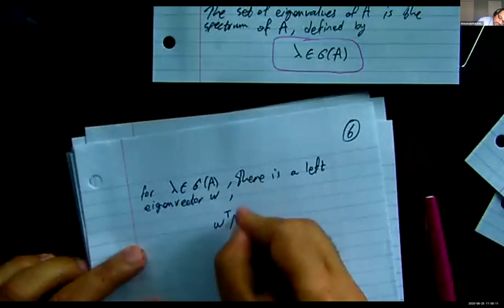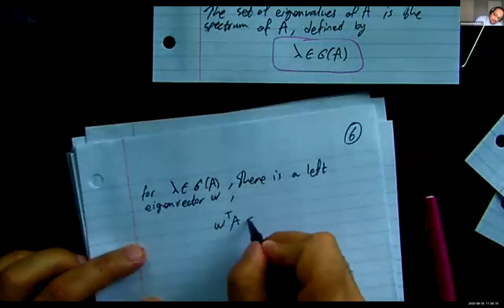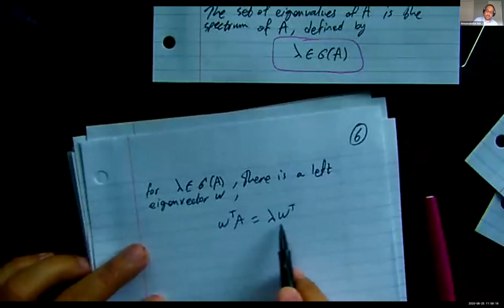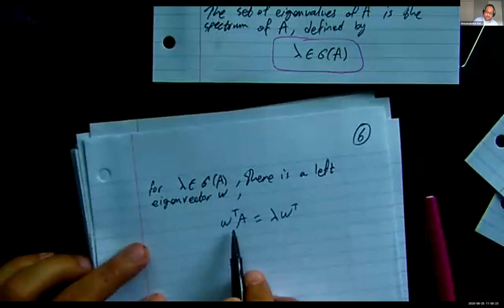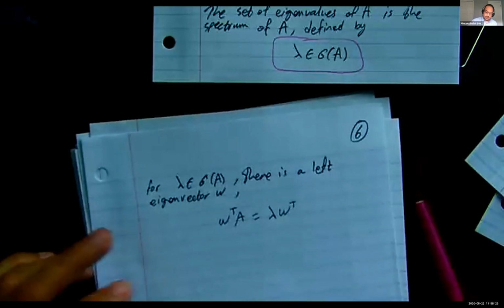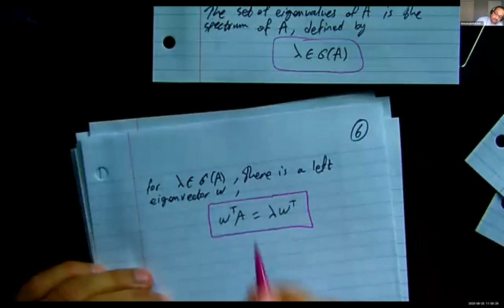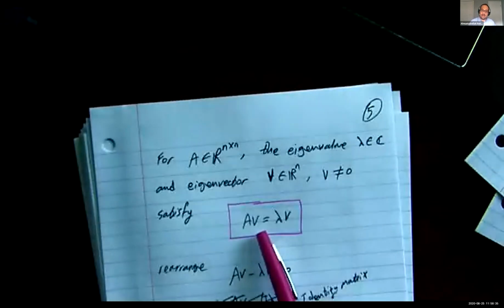W transpose A, so we're multiplying A from the left, is equal to lambda W transpose. Doesn't matter where you multiply this term, because this lambda is a scalar. What matters is this term here. So this is the left eigenvector equation, and this is the right eigenvector equation.